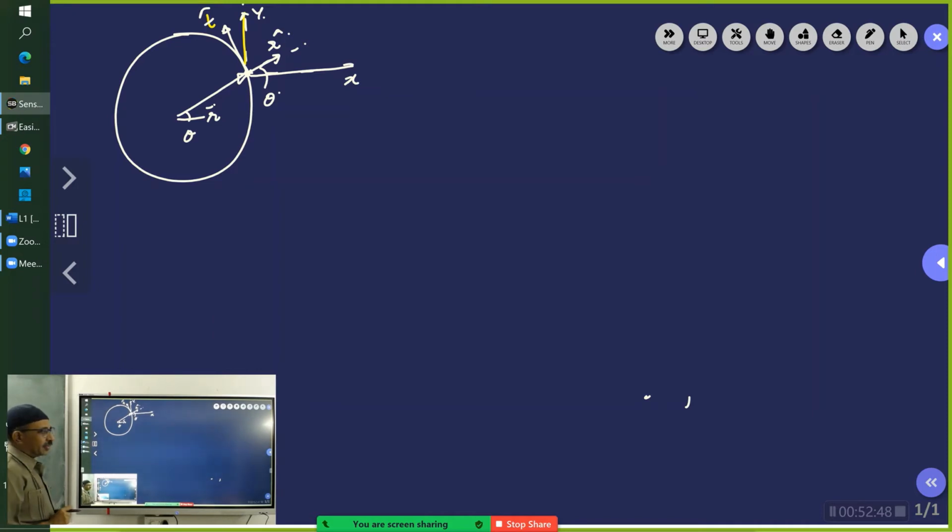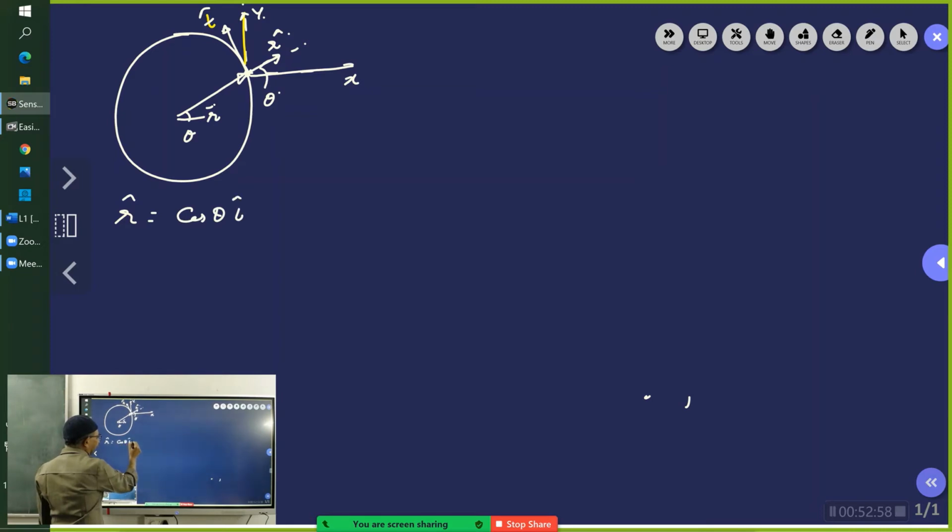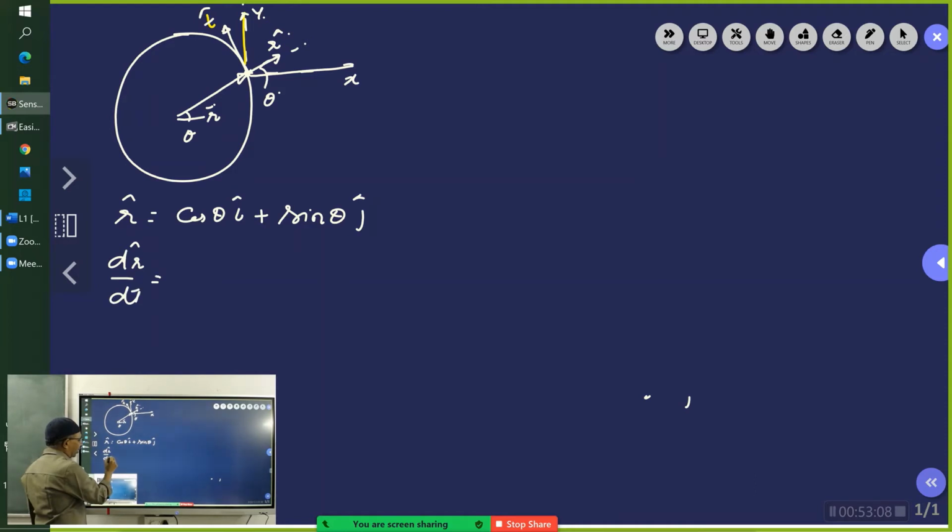If you remember, what is R cap? R cap will be cos theta i cap plus sin theta j cap. So now d by dt of R cap will give you minus sin theta i cap plus cos theta j cap.